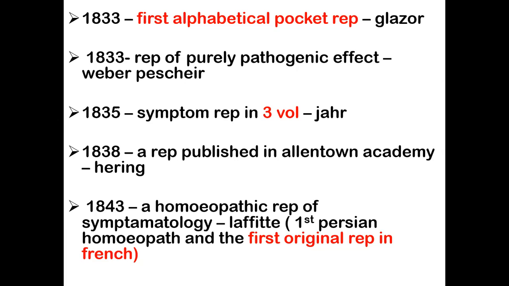1843, a homeopathic repertory of symptomatology, by Lafayette, the first Persian homeopath, and the first original repertory in French. So again, the question is, the first original repertory in French came in which year? So in 1843, the first original repertory in French, a homeopathic repertory of symptomatology, was given by Lafayette, and he is the first Persian homeopath.